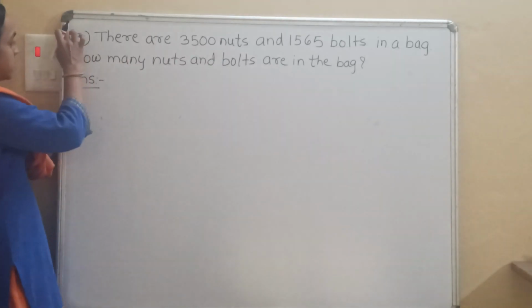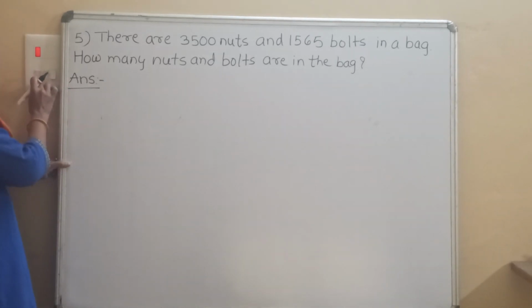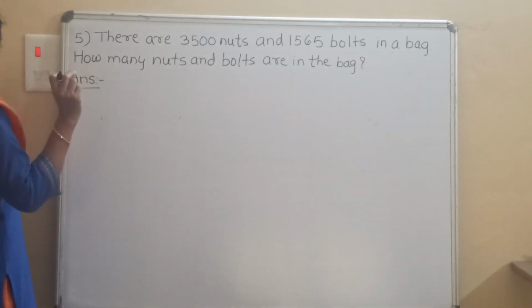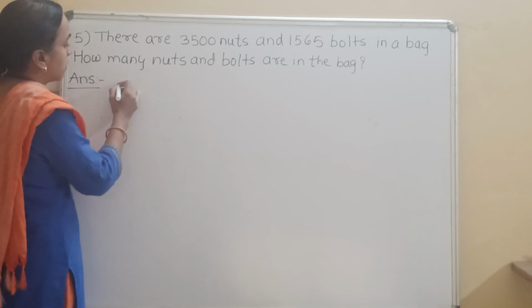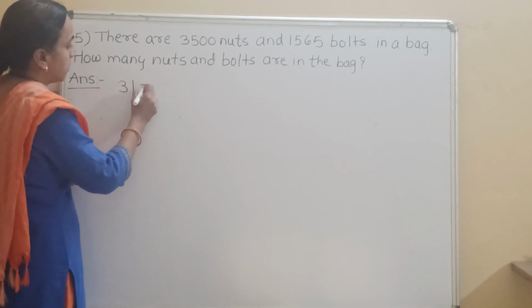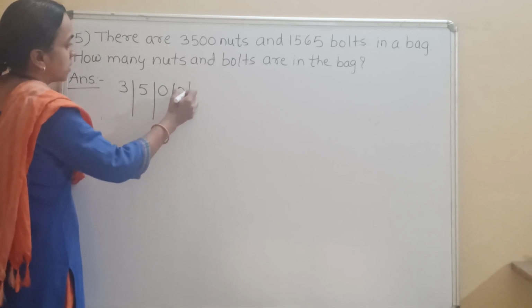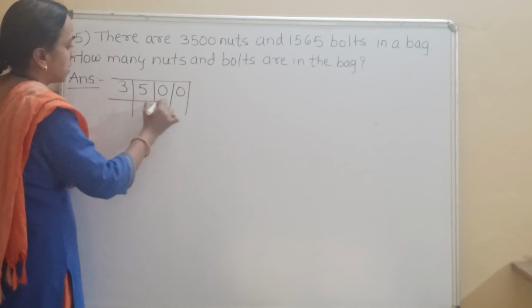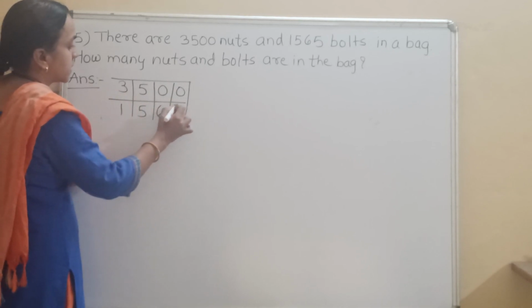Nuts means, see, if we fix anything in this wall, or for example this is our door, so nut and bolt, that screw, you know, so that we have to add here. Very simple, nuts and bolts. 3,500 plus 1,565.